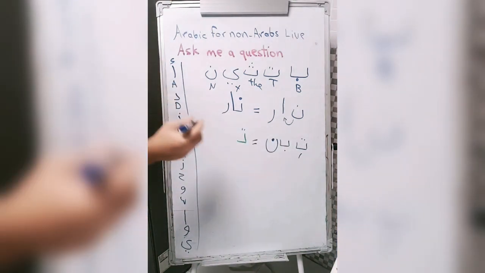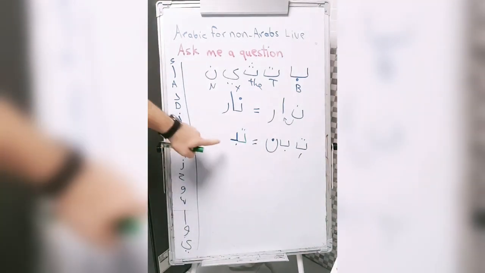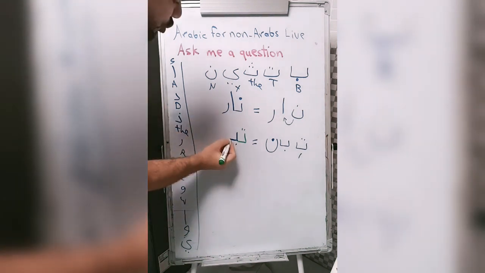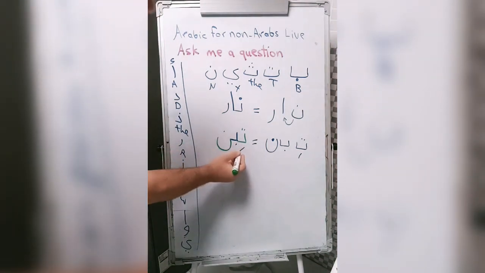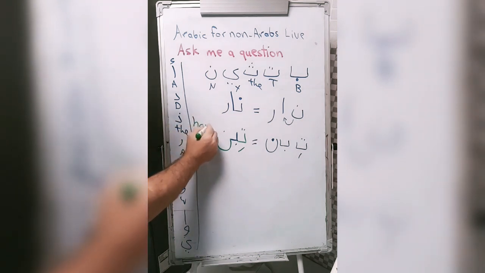I'm going now to add him to letter B, because he joined B. B is also going to join another letter. We chop his arm, and he joins later the letter after. And the word is tibn, and tibn is hay.